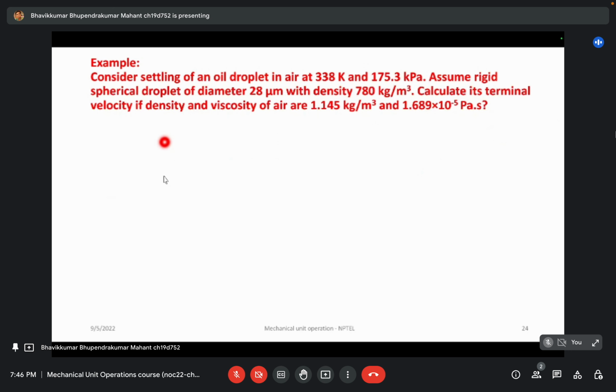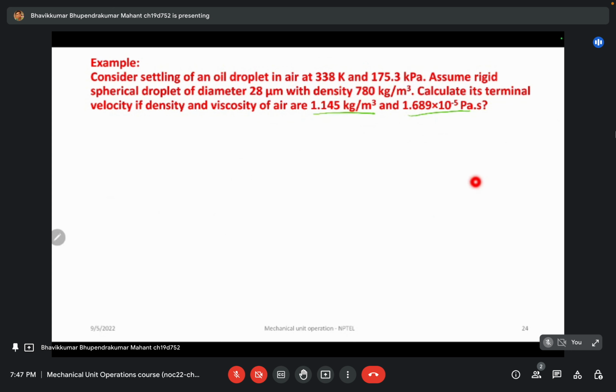Now there is another example. Settling of a droplet in air at 338 Kelvin and 175.3 kilopascal. Assume a rigid spherical droplet of diameter 28 micrometer with density 780 kg per meter cube. Calculate its terminal velocity. The density and viscosity of air are 1.145 and 1.689 times 10 to the power minus 5 pascal second.